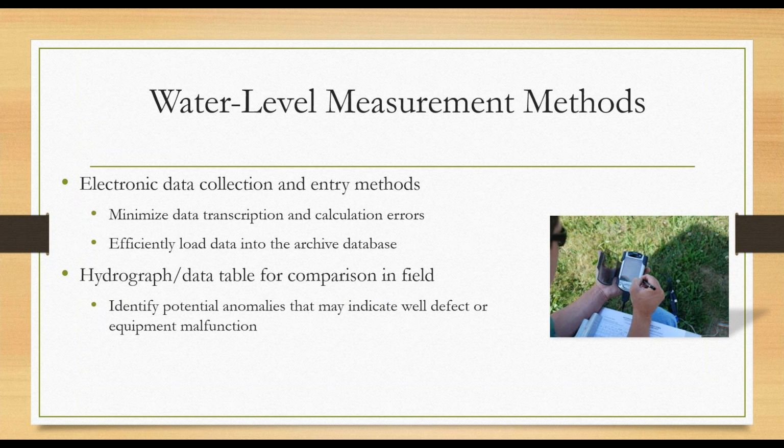It helps you identify potential anomalies that may indicate well defect or equipment malfunction or error in measurement. It also forces you to take a second measurement, a QC, a quality assurance measurement. This assures repeatability. The measurement is of good quality.